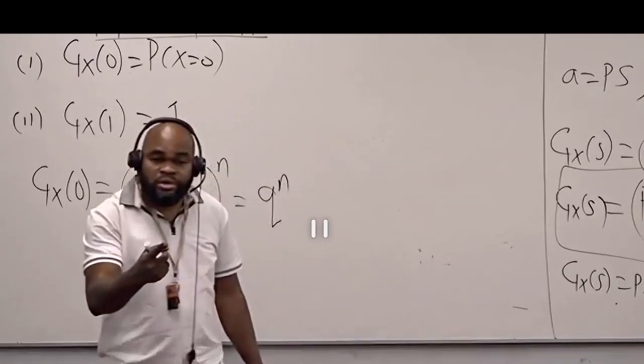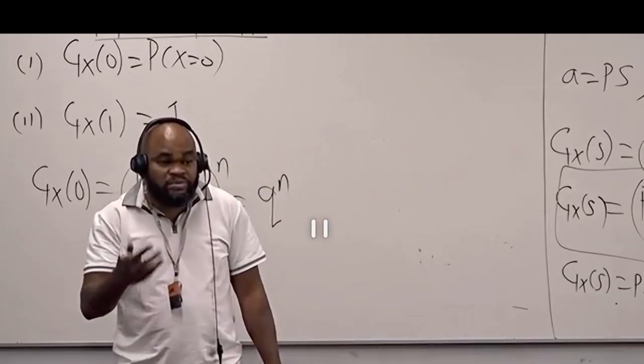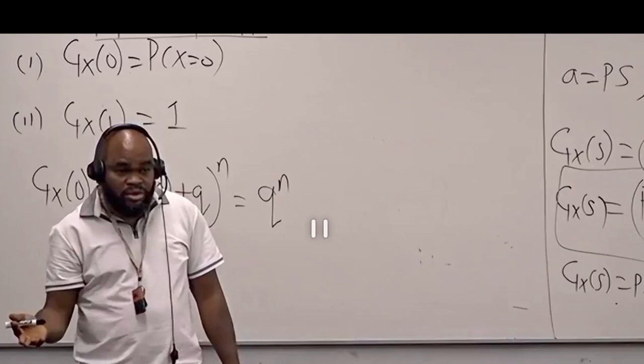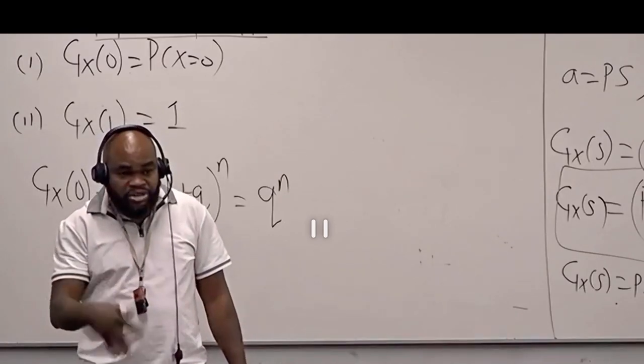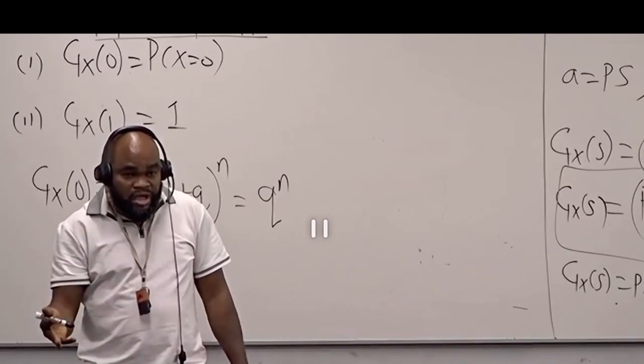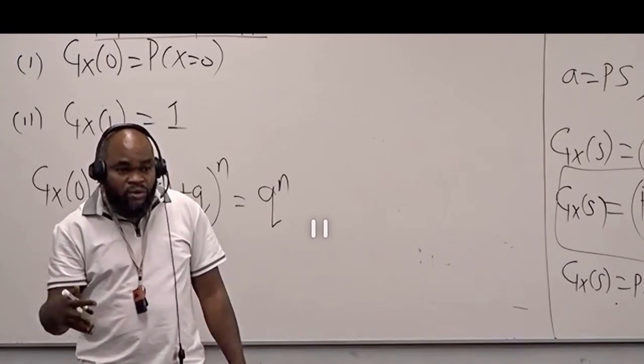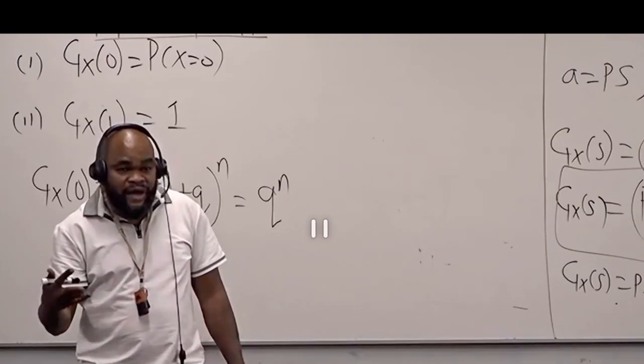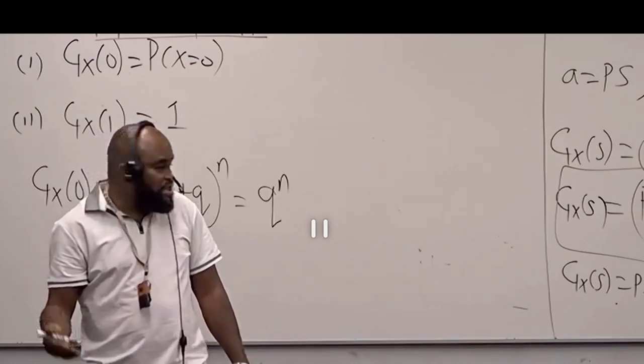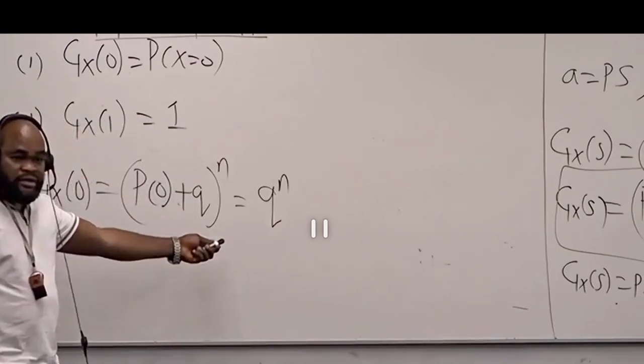What is q? That is the probability of failure, which is the probability of s equal to 0. Because in Bernoulli, when s equal to 0, that's failure. When s equal to 1, that's success. A failure comes with probability q and success comes with probability p. Now, this is verified.